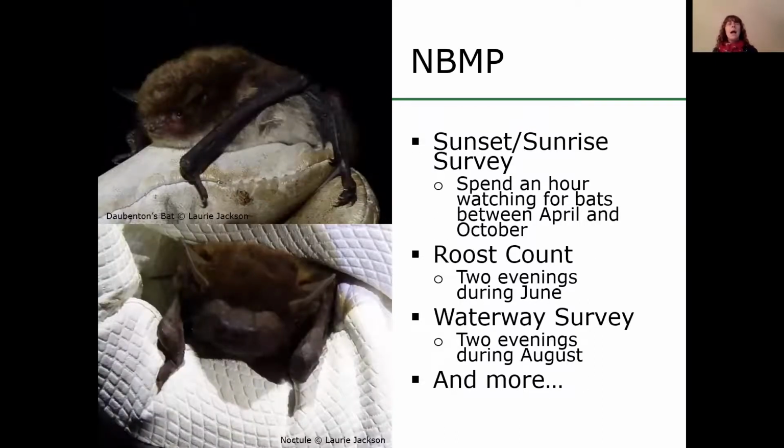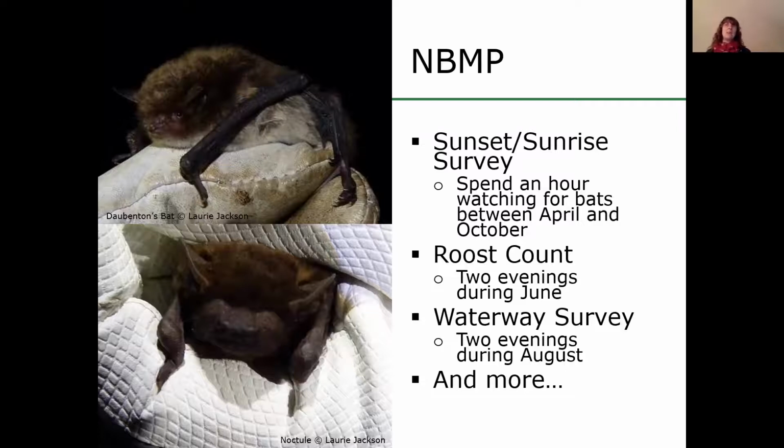And then just a little bit about bats, because bats are mammals too, and they're wonderful mammals at that. There is something called the National Bat Monitoring Programme, and there are quite a few different surveys that you can get involved with. And you don't have to have a huge knowledge of bats, you don't have to have a fancy bat detector. So if you just wanted to contribute some useful information, there's something called the Sunrise Sunset Survey.